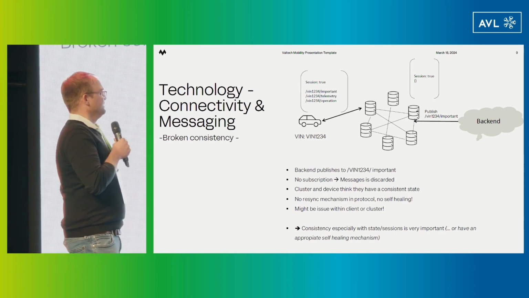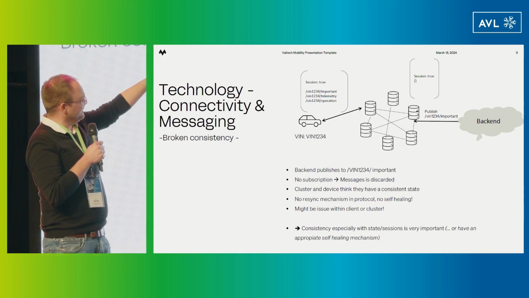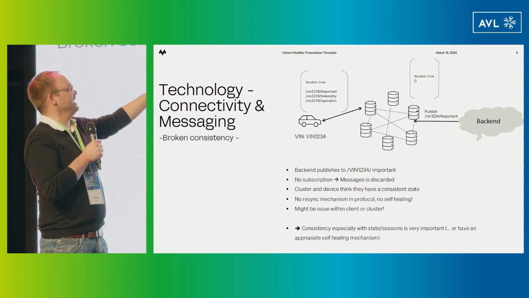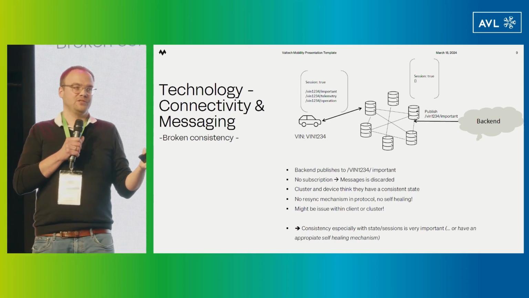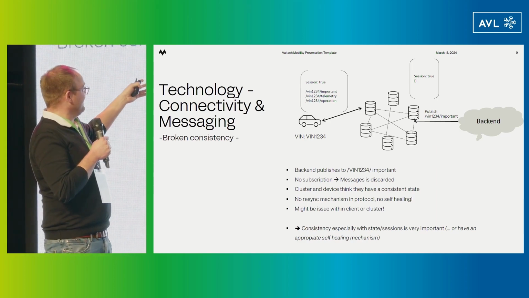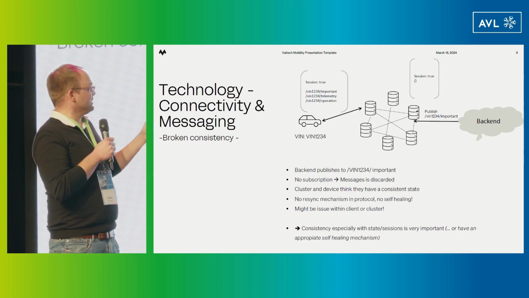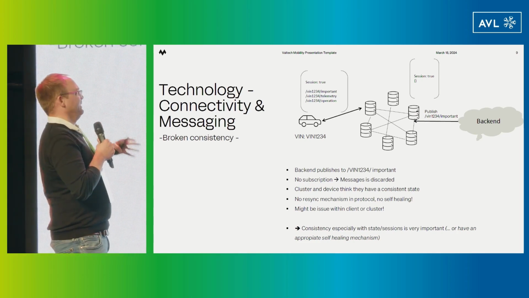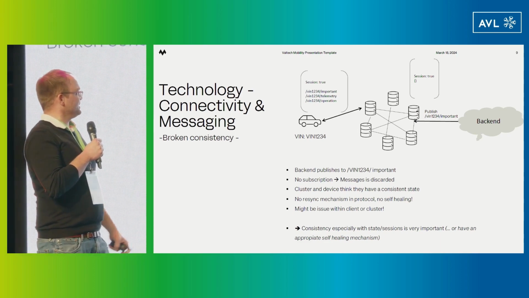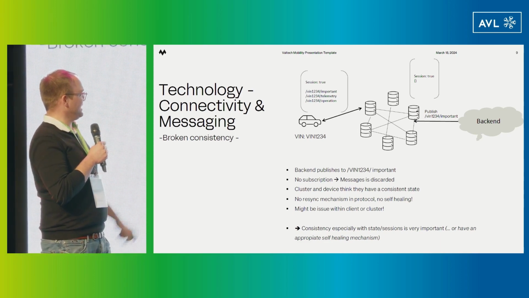But on the other side, the cluster, which also has some state, thinks, okay, it has a session, but the session is empty, or there are no subscriptions. There might be a bug in the vehicle which tries to start a clean session and forgets to resubscribe, or there are lots of possibilities how this can happen.